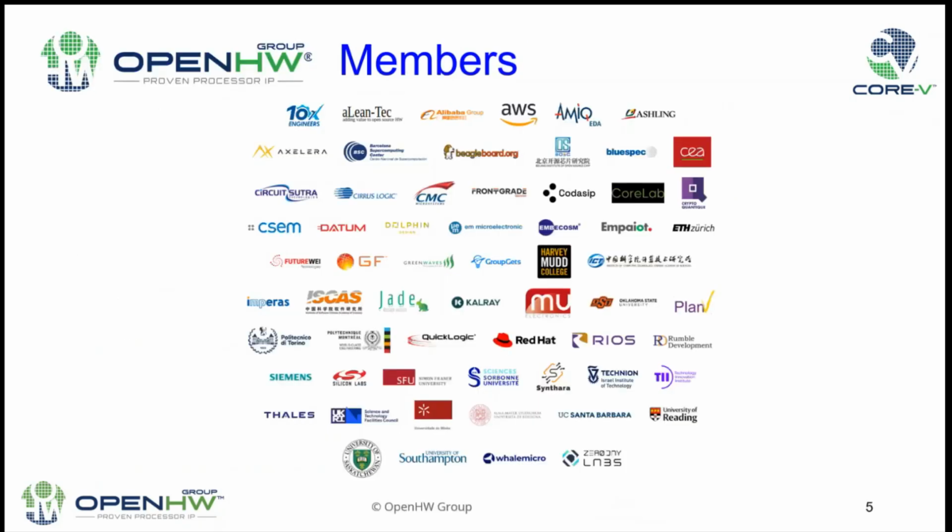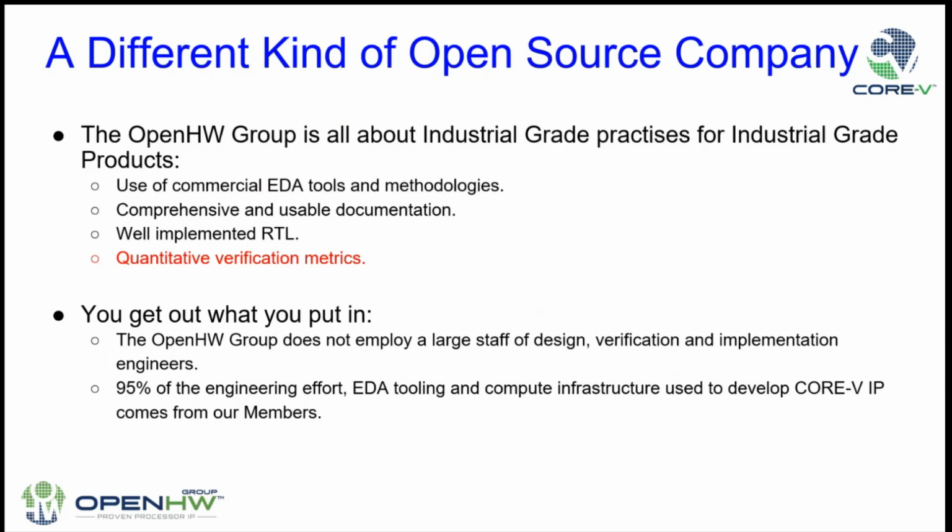Speaking of members, we got a lot. We're a different kind of open source company. First of all, we're an open source company. There's an awful lot of organizations that just push open source IP out into the ecosystem, publish it on GitHub or wherever, and they don't actively support it. We actively support it. We use industrial processes to create industrial-grade IP.